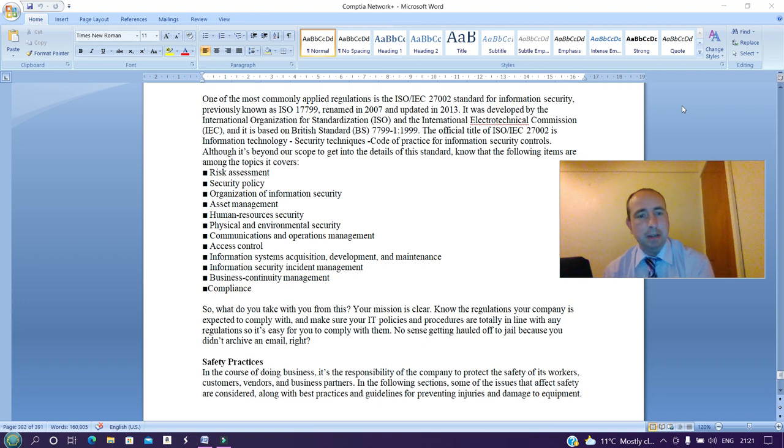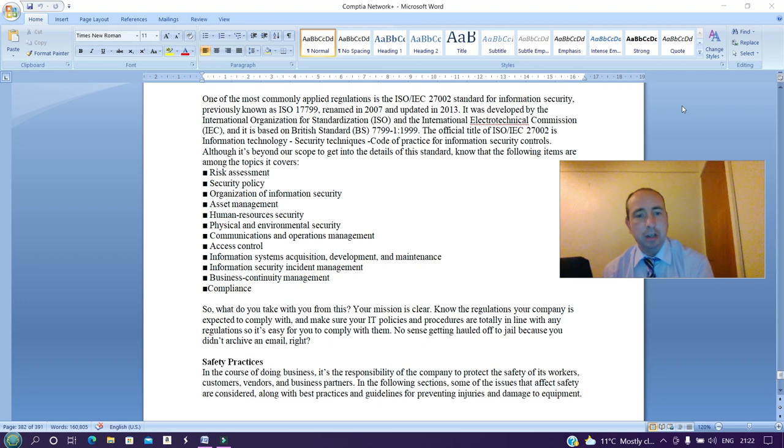It was developed by the International Organization for Standardization, ISO, and the International Electrotechnical Commission, IEC, and it is based on British Standard BS 7799. The official title of ISO IEC 27002 is Information Technology Security Techniques Code of Practice for Information Security Controls.